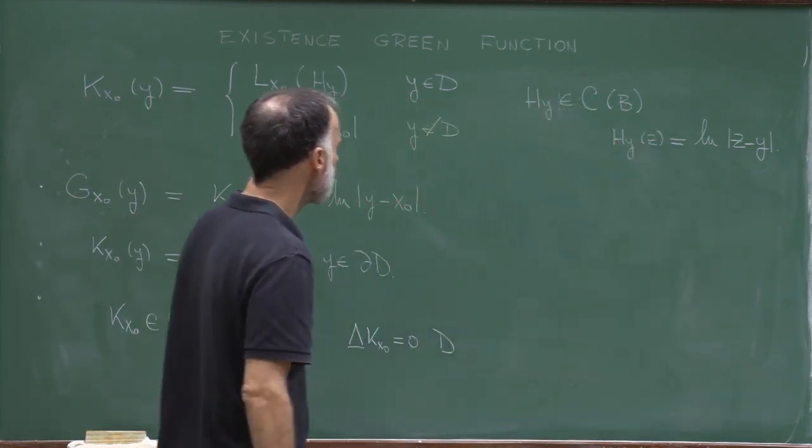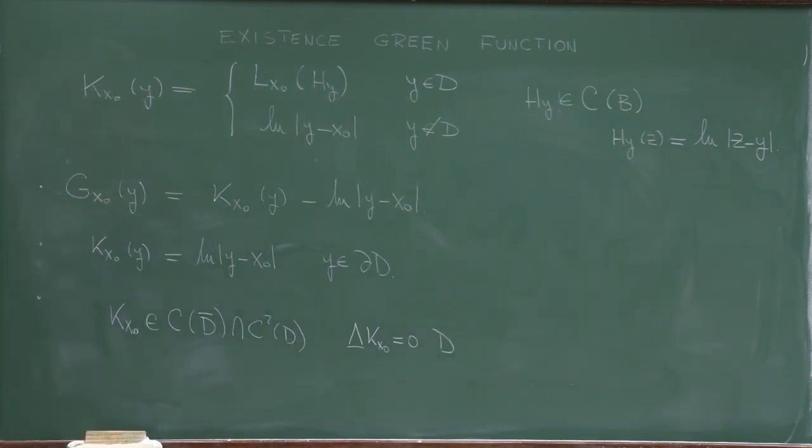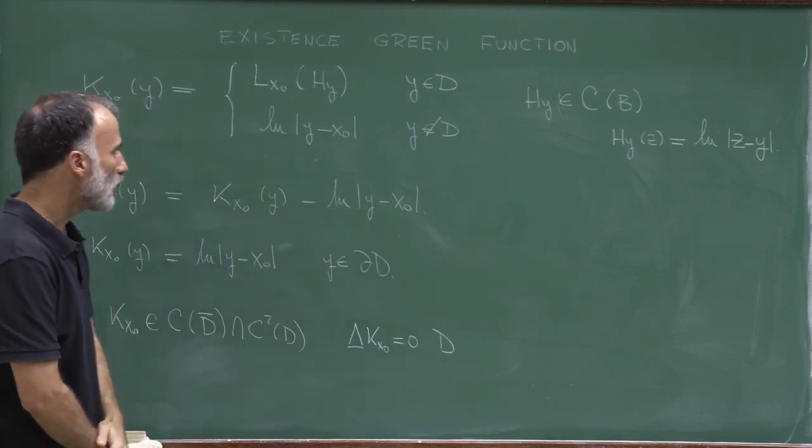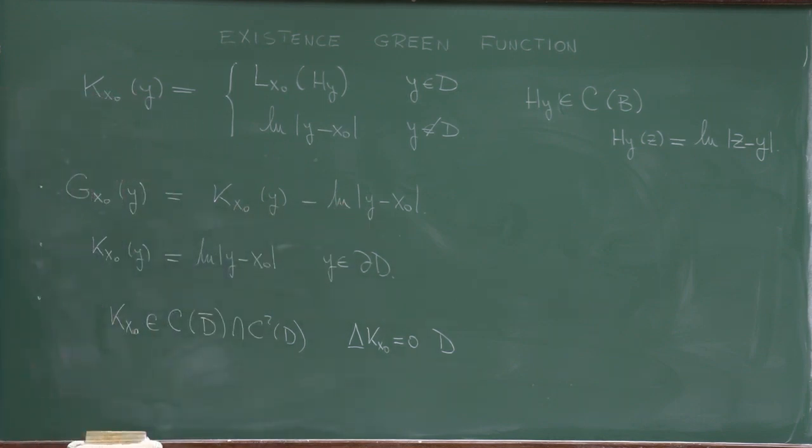And now I can finally define g. So here is the definition of g: g x0 at y will be given by k x0 of y minus the log of y minus x0.